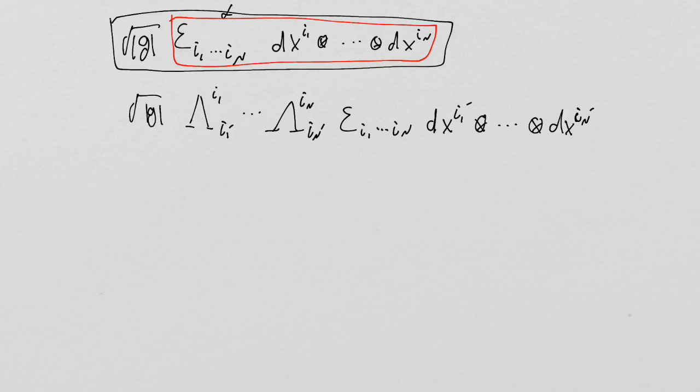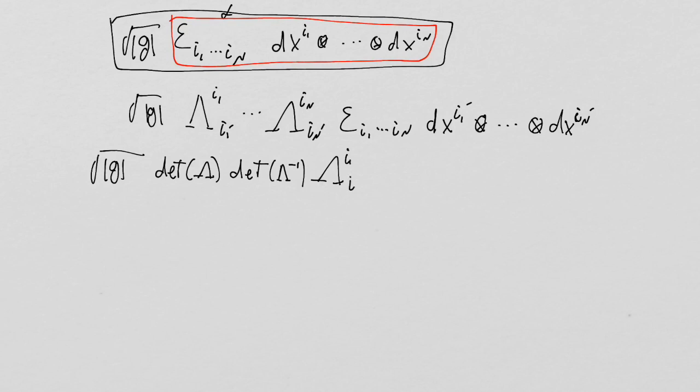But the next step is to say, well, I'm going to now multiply this by the determinant of lambda times the determinant of lambda inverse, and the matrices i_1 prime through i_n prime, epsilon i_1 to i_n, dx^{i_1} prime through dx^{i_n} prime.